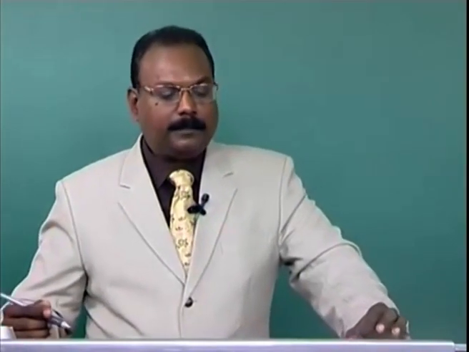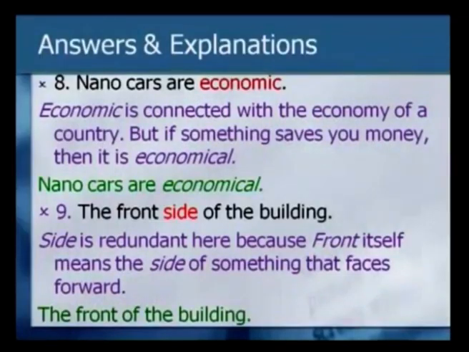Look at the next example, nano cars or small cars, that is what is meant here. Nano cars are economic. Now, again an error with regard to the usage of the word economic. What is meant here is economical, which is different from the word economic. Now, how is that different?